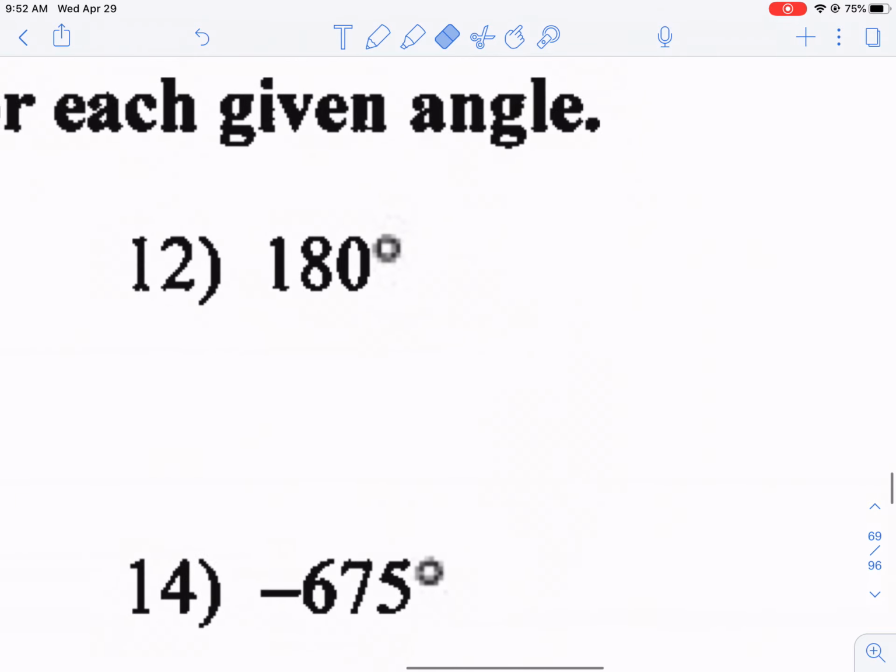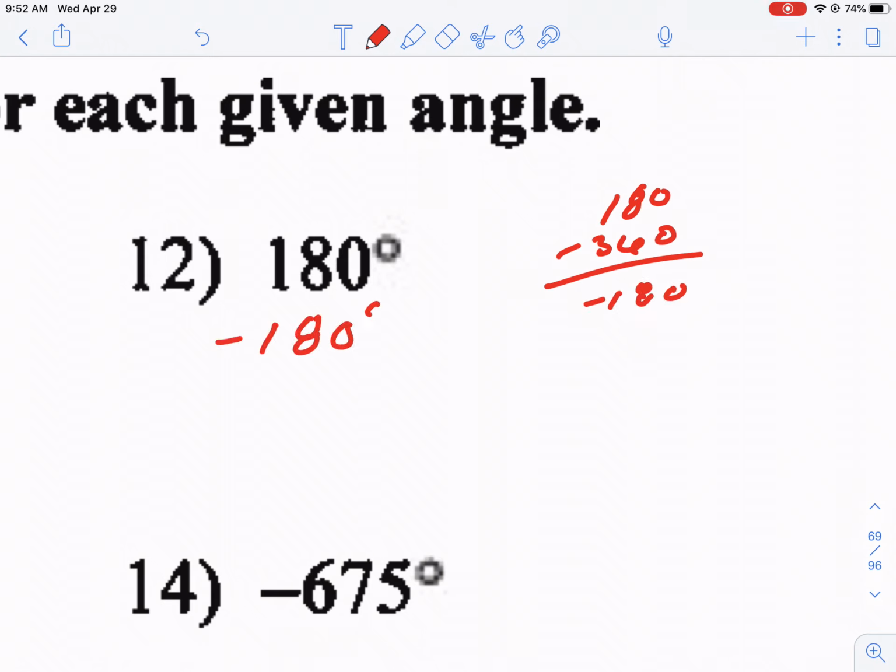So let's look at number 12, 180 degrees. One thing we can do is just take a lap away. So we can do 180 and we can subtract 360 from it. So 180 minus 360, I should do that over here, excuse me, minus 360 is a negative 180. So negative 180 degrees is coterminal with 180 degrees.